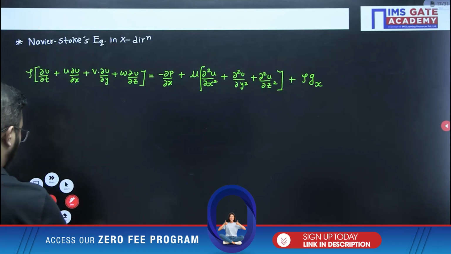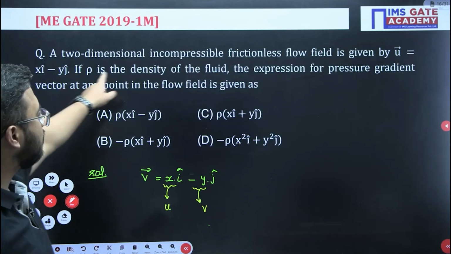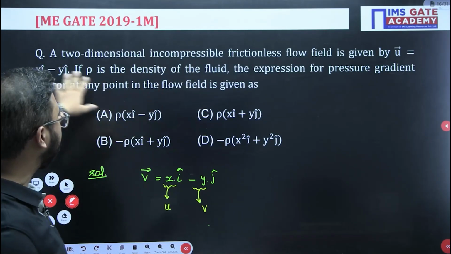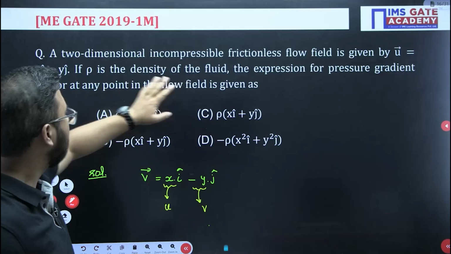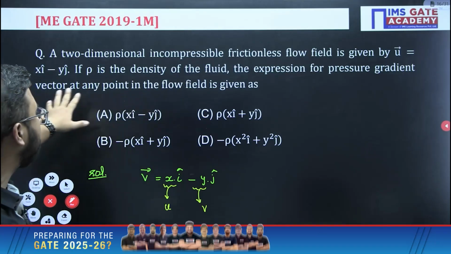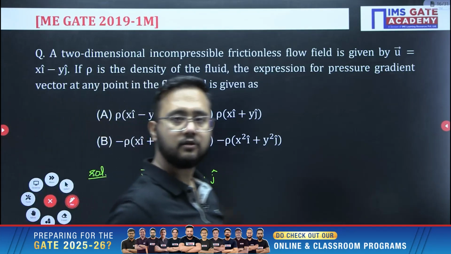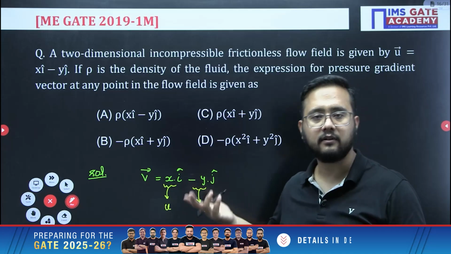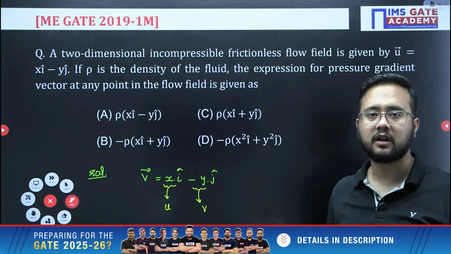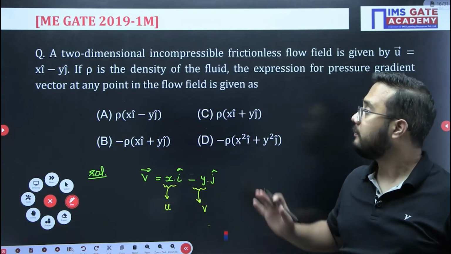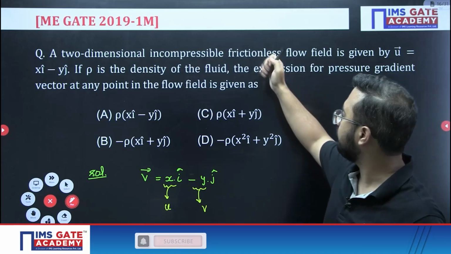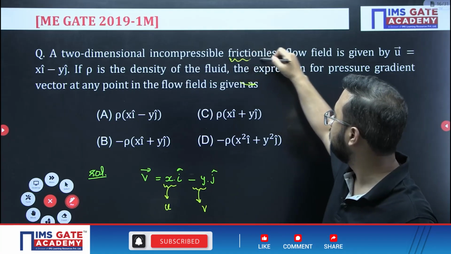They have mentioned two-dimensional, incompressible, frictionless, everything. Rho is the density of the fluid, and we need the expression of the pressure gradient. Two-dimensional flow is there, only x and y, so dou p by dou x and dou p by dou y are required, clear? They have mentioned frictionless, so the viscosity value will be 0.